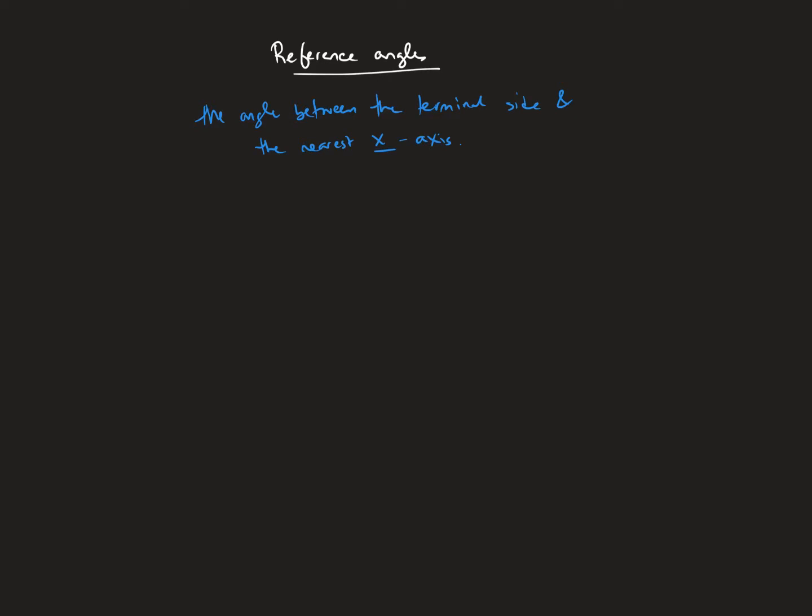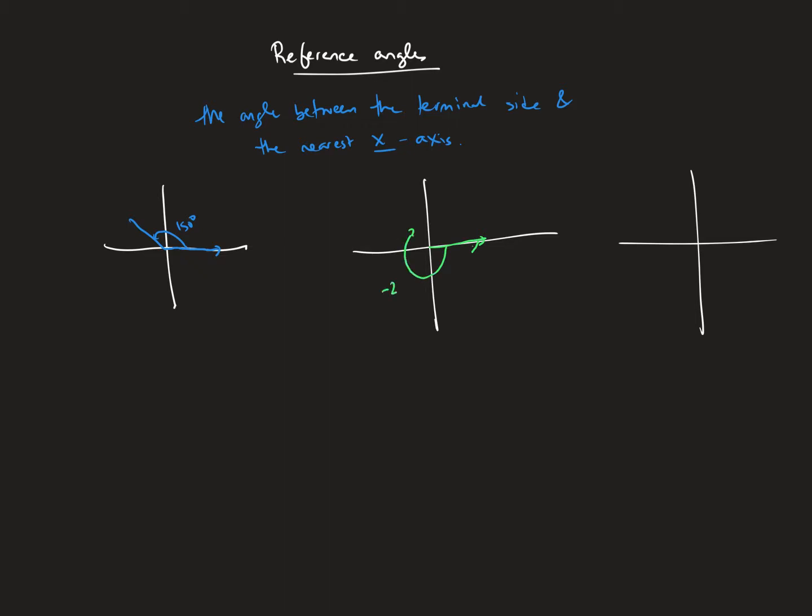I'm going to draw a few examples so you can see what reference angles look like. Let's draw 3 angles in standard position, and we're going to find their reference angles. The first one I'll draw will be 150 degrees. The second one will be negative 115 degrees.